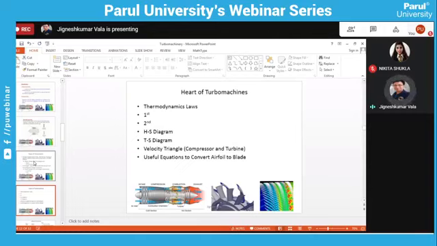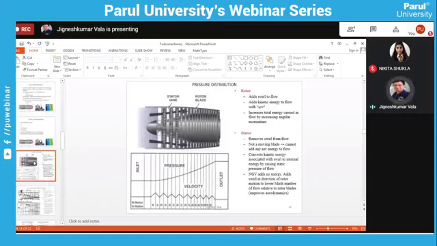Quickly we'll go through the thermodynamic first law and second law. We will start with the first law of thermodynamics, right? The first law of thermodynamics is essentially the conversion of energy. When we talk about the first law, we talk about the interaction of heat and work, and the changes in different forms of energy.